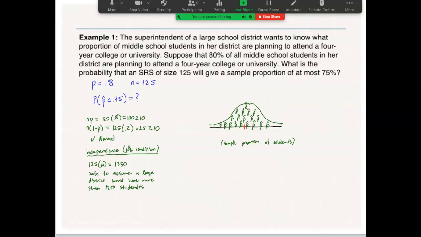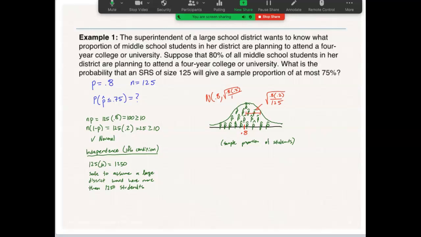There we go, 0.8. So we know that since p hat is an unbiased estimator, it should sit on top of the true proportion, 0.8. So I know that that's going to be right in the middle. I also can compute my standard deviation. That's going to be the square root of 0.8 times 0.2 over my sample size, so over 125. Awesome. So I know I have a normal distribution whose mean is 0.8 and whose standard deviation is that square root.